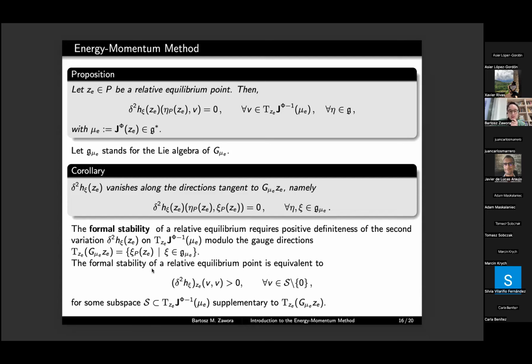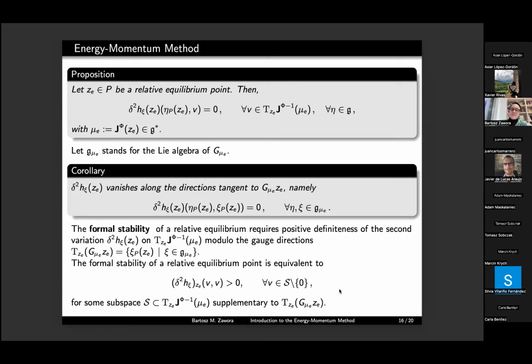So the formal stability of a relative equilibrium point is equivalent to this condition: for every non-zero vector v in S, where S is some vector subspace of the tangent space to the level set of the symplectic momentum map that is supplementary to the tangent space to the orbit generated by G_mu_e.